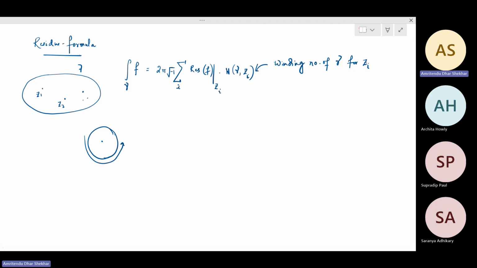So let gamma be the unit circle, and now let's say you traverse the circle twice, so you go with a velocity of twice. Let's say you use this curve gamma of 2t.